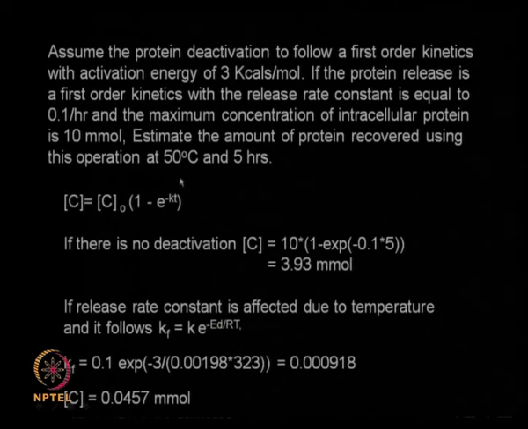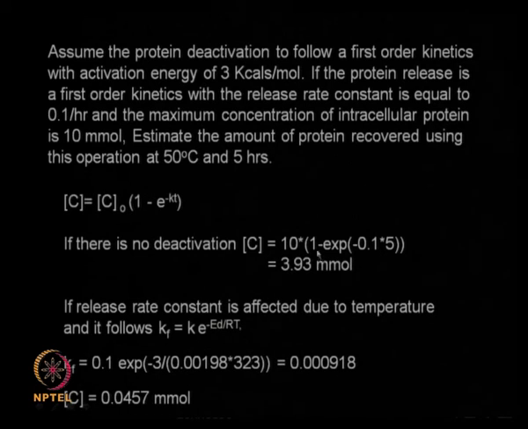So we talked about this equation quite a lot. C is equal to C naught multiplied by 1 minus e raised to the power minus kt. Now C naught is 10 millimole, correct. Now your k, if there is no deactivation, will be 0.1 per hour and time is 5 hours.